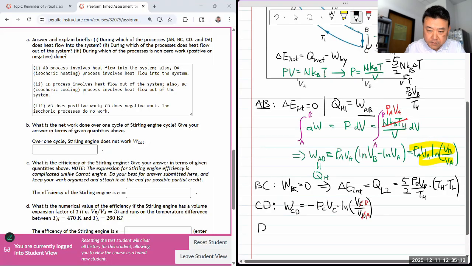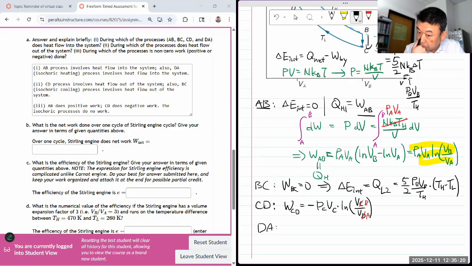D to A. It's the kind of reversal of B to C. So is it literally a reversal? I'm trying to think through. Yeah, because this NKB is a constant. So for D to A, by the way, this WCD is also equal to QL1.